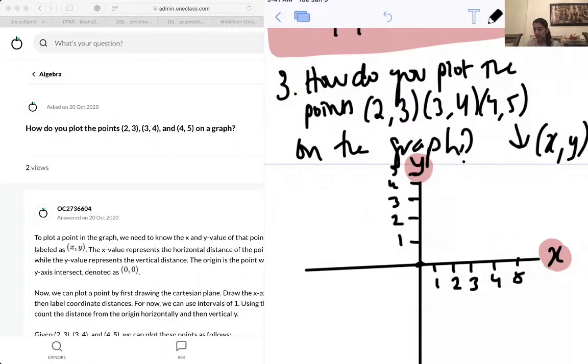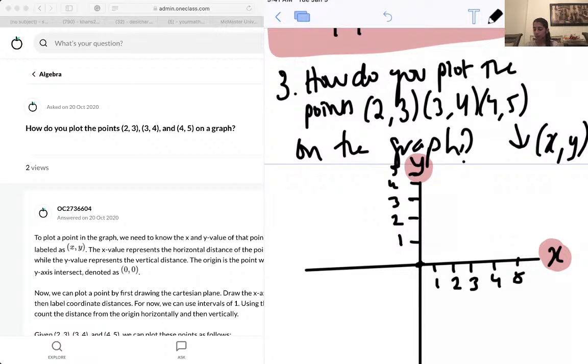So when our x is 0 and when our y is 0. Our x coordinate is how far it is horizontally from the origin. So from 0, 0, how far. And our y coordinate tells us how far it is from the origin vertically.